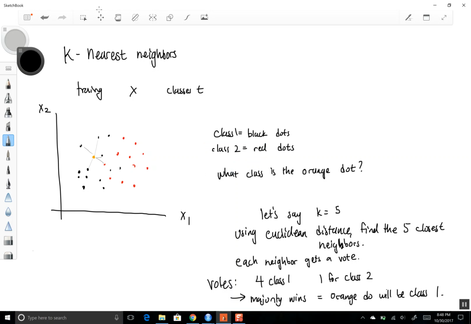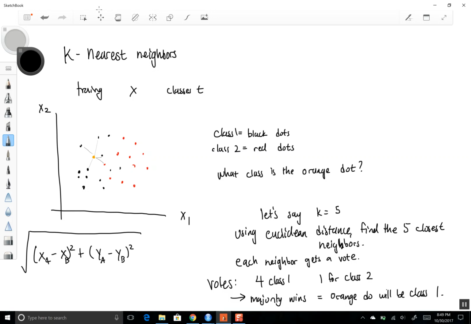All you do is x minus x squared. So we'll do xa minus xb squared plus ya minus yb squared. And if you have more variables, then you put all those together, and then you take the square root of everything, right?